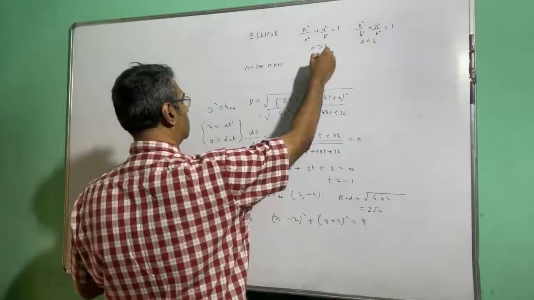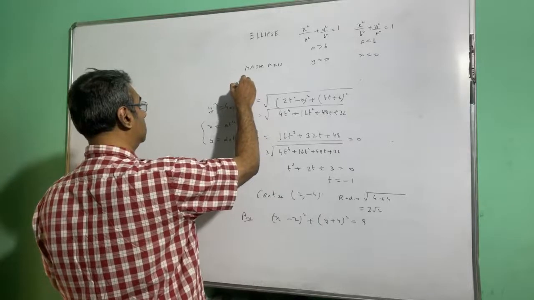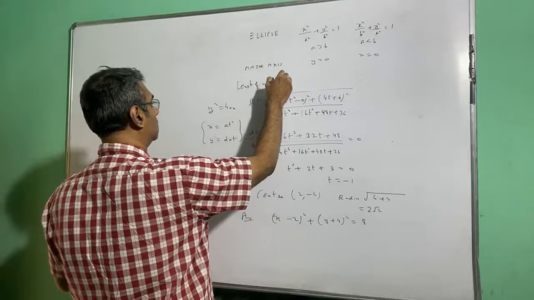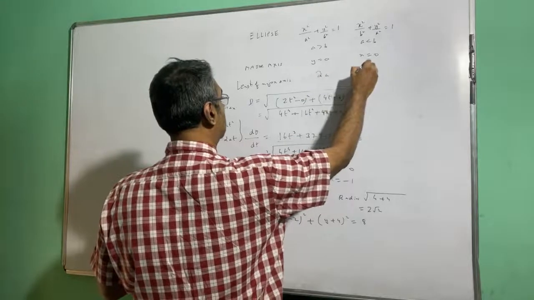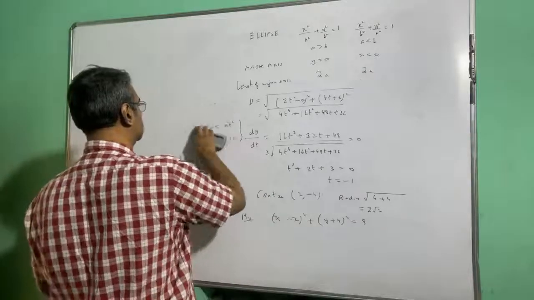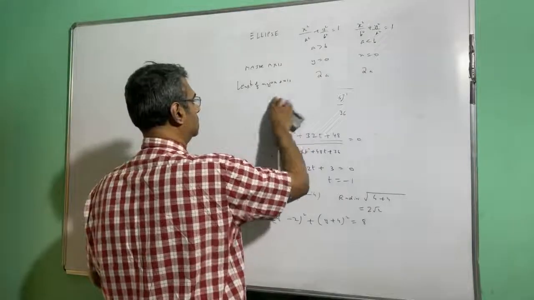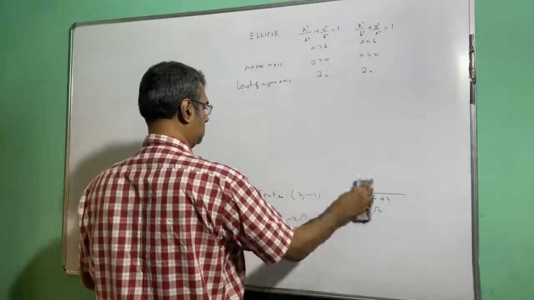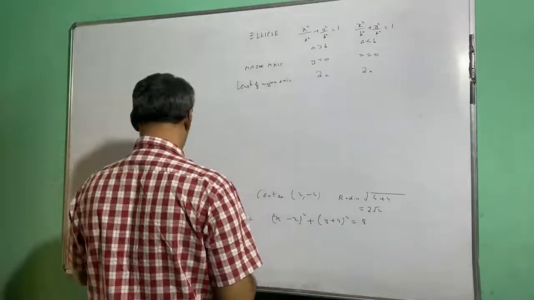So major axis y equal to 0, major axis x equal to 0. So length of major axis will be 2a.